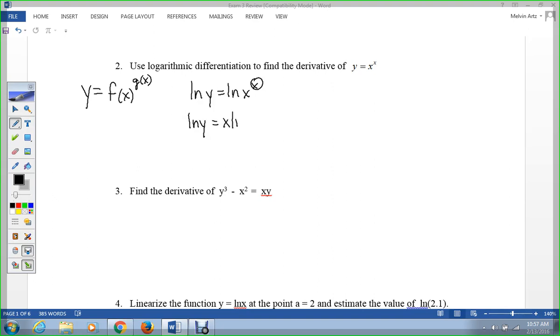We're not taking the derivative yet. We're just using properties of logarithms. Now we can take the derivative. The derivative of natural log of y with respect to x. We're taking the derivative with respect to x, and that would be the derivative of natural log of y is y prime over y.